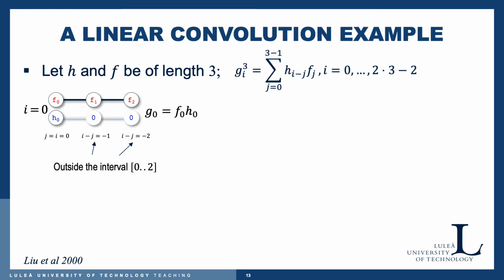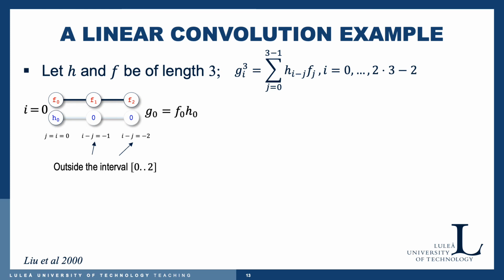And now here we have the first setup. And now you see what I meant with considering the values of h outside the interval as 0. Because if we take i equals 0, then when j is 0, we should perform the multiplication of h naught and f naught.